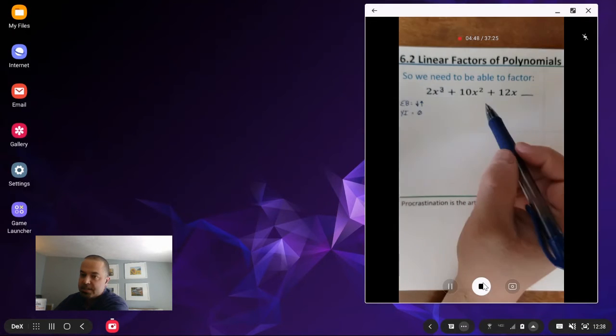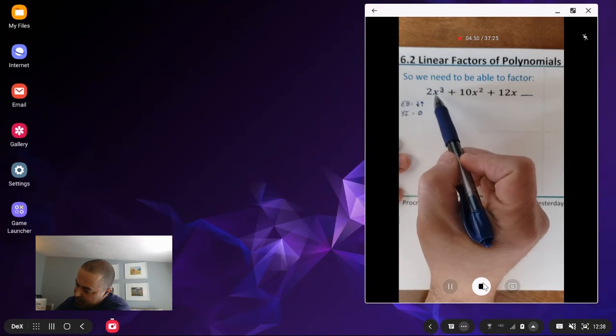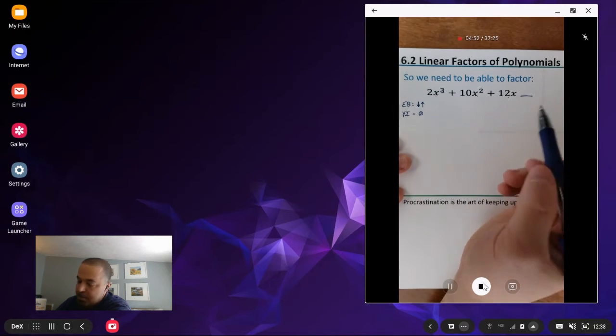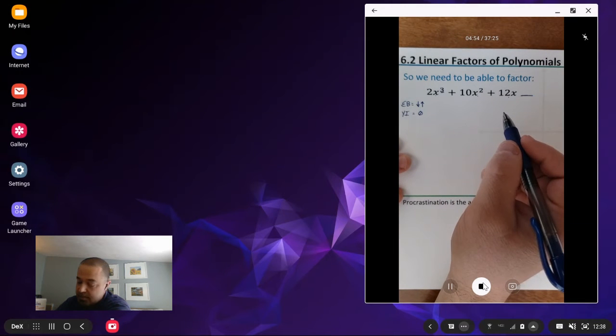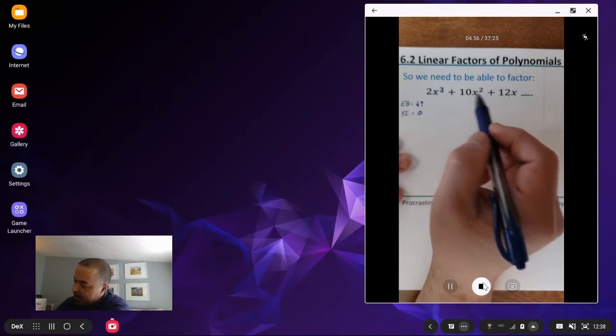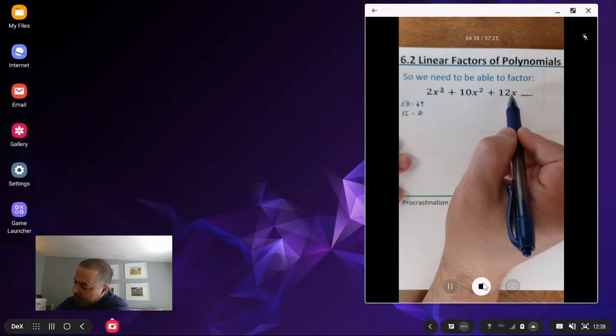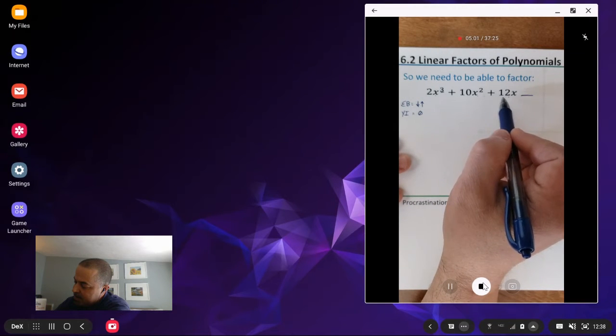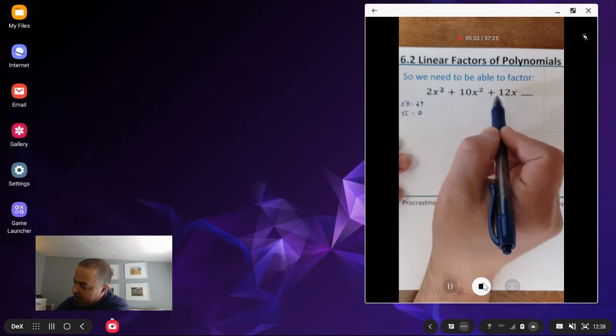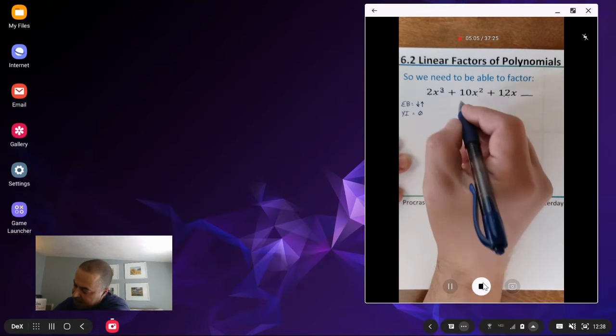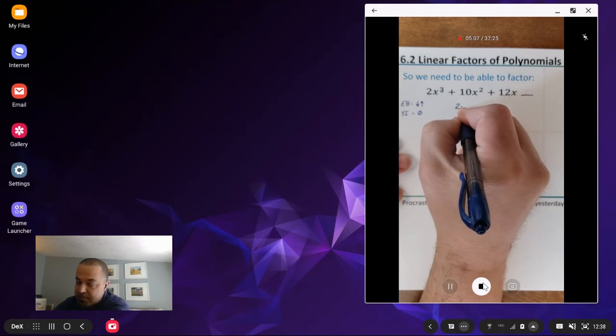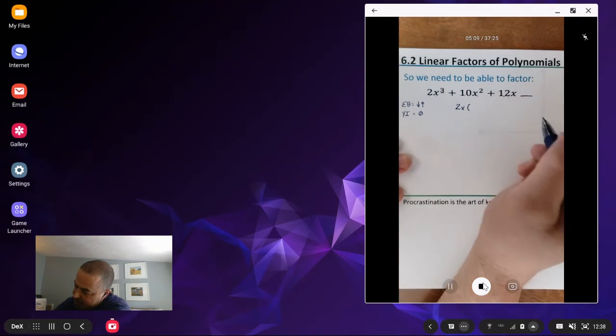Does every term have a letter? Yep. So that probably means my greatest common factor is going to be an x, or part of it. And this only has 1, so it's just going to be 1x. And then these numbers, they're all divisible by 2. So my greatest common factor here is going to be 2x.